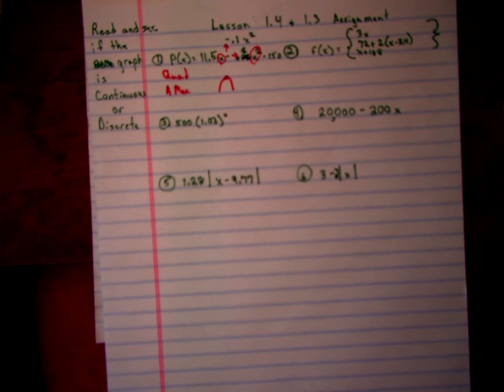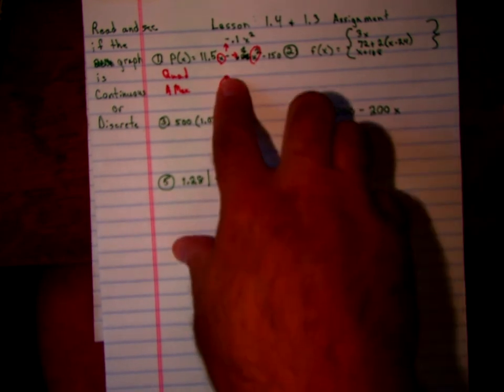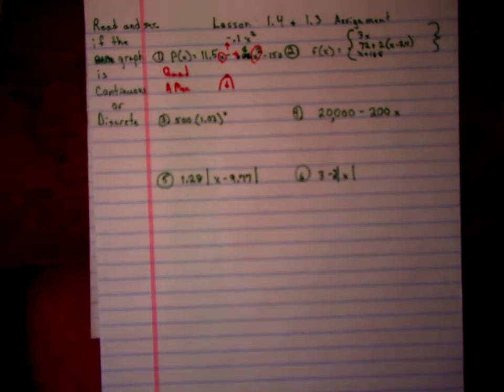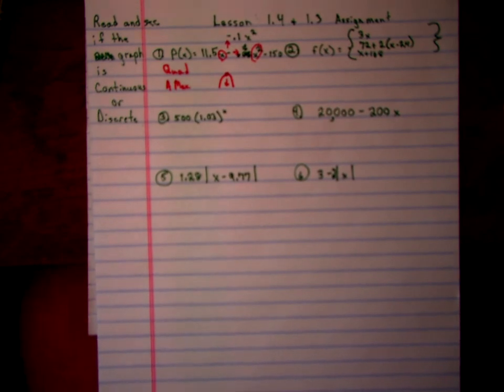The domain is something we'll talk about in just a second. And the range is the same. Any number smaller than whatever this number is. Now, we don't have any numbers. We're not actually putting it on the graph. But on the work you have, you'll have to know.